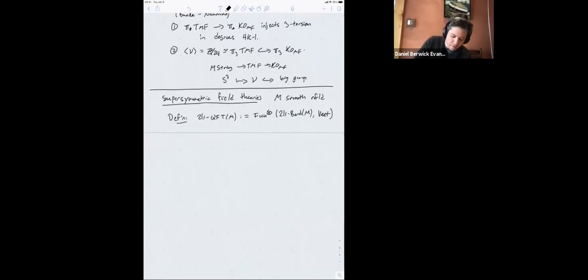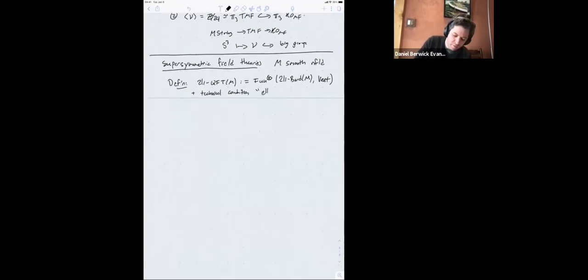And then there's one additional thing that if people press me on it, I can talk about later, but there's a technical condition that's sort of analogous in K-theory to ellipticity of elliptic operators.